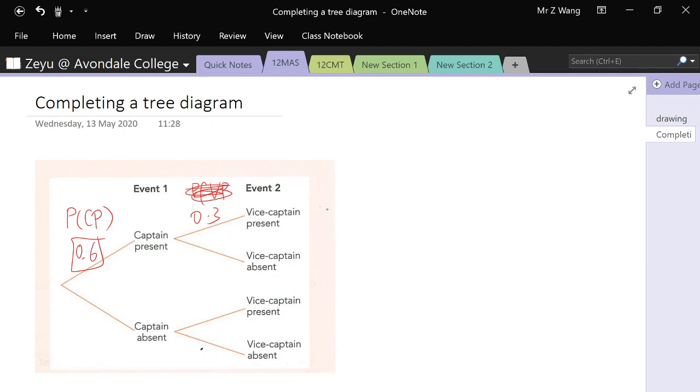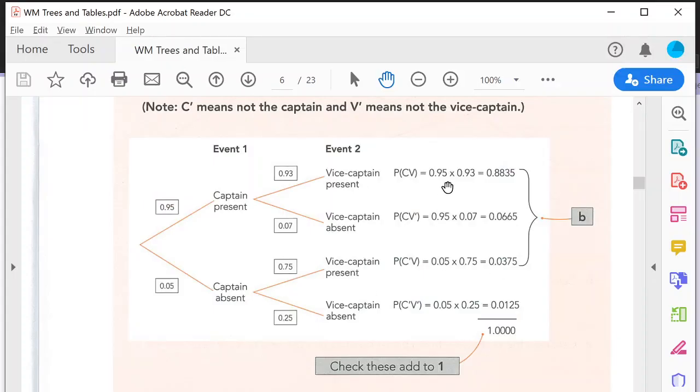But then, how do you calculate the probability of this? So if you go back to what they calculated, would you times the 0.6 by the 0.3?